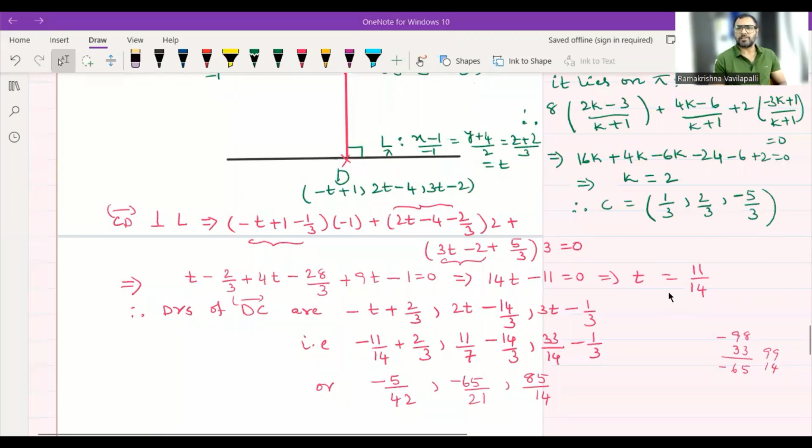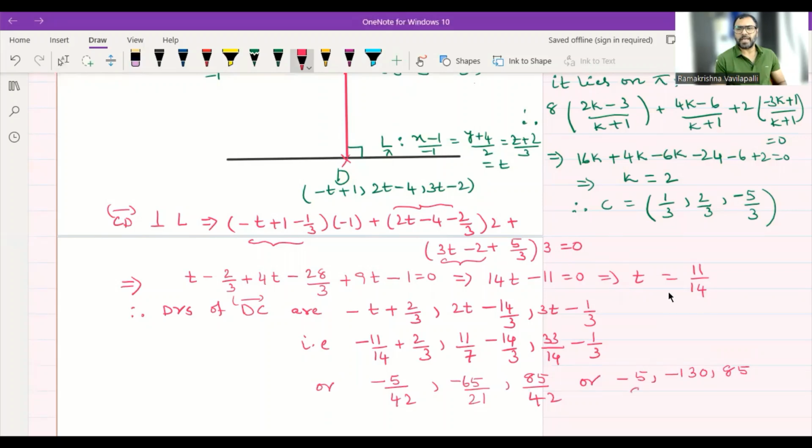So here I have simplified these numbers. After simplification, we got like this, or you multiply with 42. So you will get minus 5, minus 130 and 85. This is 42.